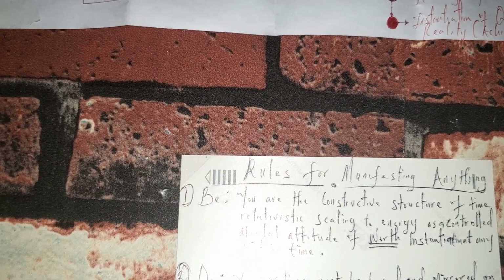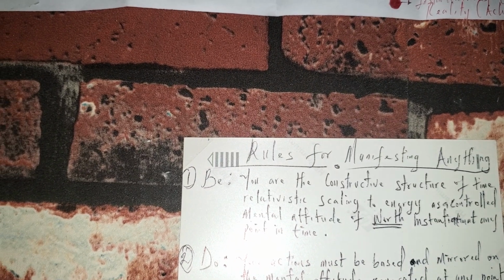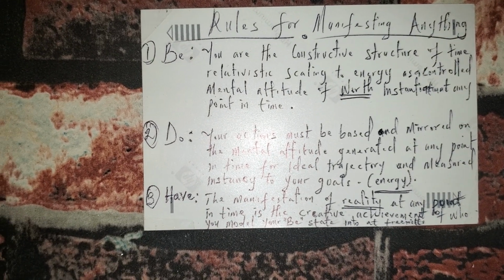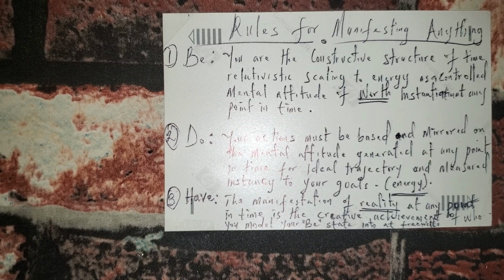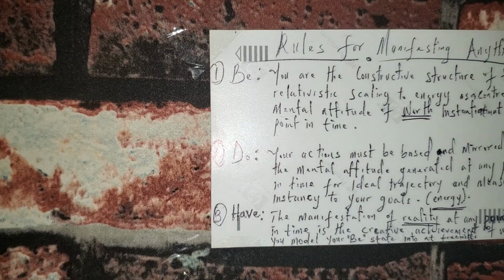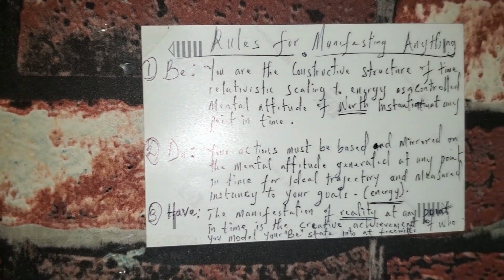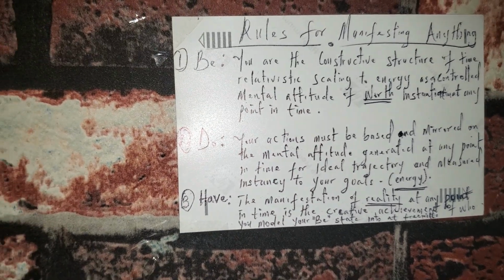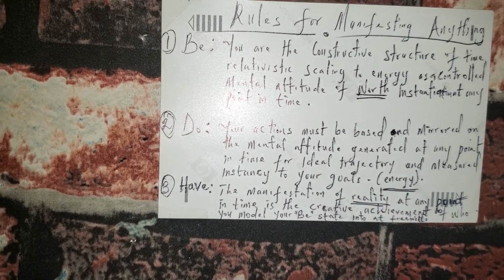So the be, the visual blueprint, is the constructive structure of time relativistic scaling to energy as a controlled mental attitude of worth instantiation at any point in time. So you have your framework in line with what you want to become, and as a result of that, you will definitely achieve that. You need to structure your framework towards what you want to become in order to manifest whatever you want to manifest.